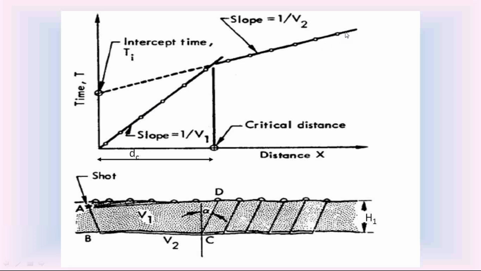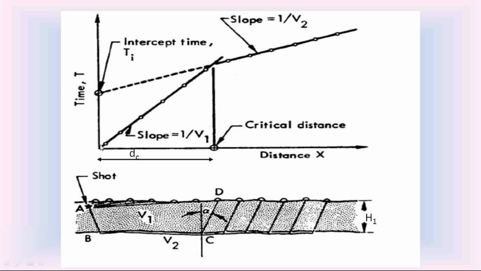Those geophones will receive the seismic wave from the ground, and that data is converted into time by the seismograph. So take the time of receiving the shock waves by the geophones on the y-axis, the distance of the geophone from the source on the x-axis. If you plot those data, you will get a graph like that.